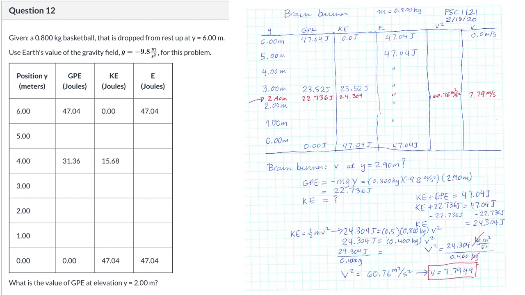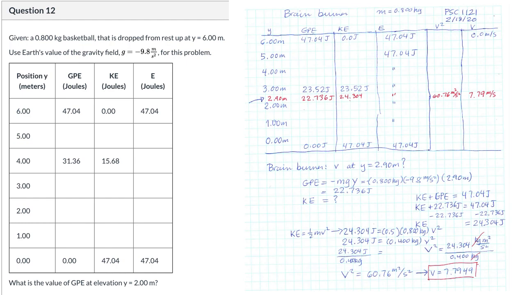That's the next thing we've got to figure out. But we know that kinetic energy plus GPE, gravitational potential energy, add up to 47.04 joules. And that is true at any altitude for this basketball.